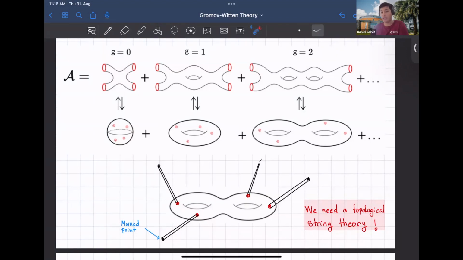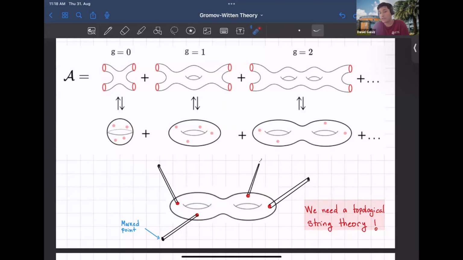So for example, in the case of genus 0 that you see here, if you have less than 3 marked points, you can show the moduli space is not stable, which means the moduli space is infinite, and then the integral is not well defined. For the case of genus 1, you can show that you need at least 1 or more marked points in order to have a finite moduli space.